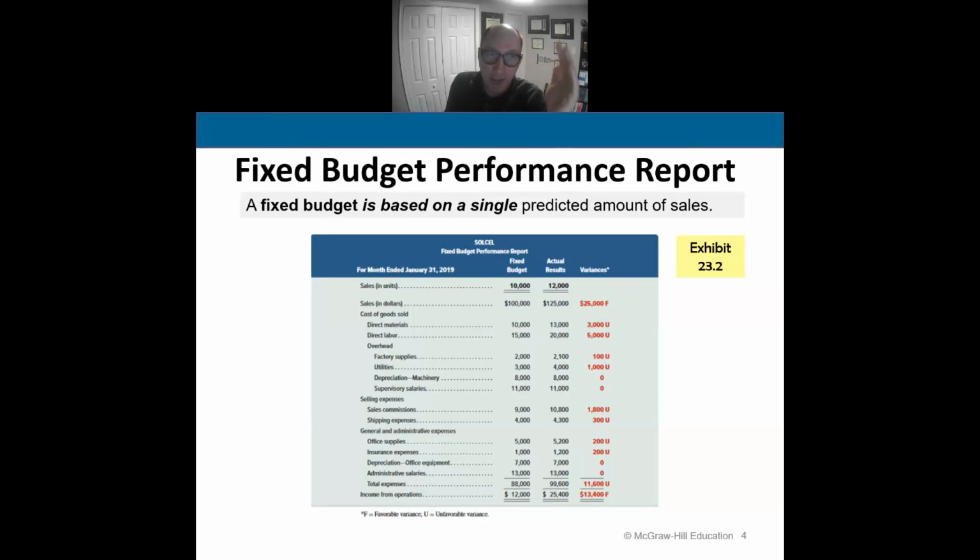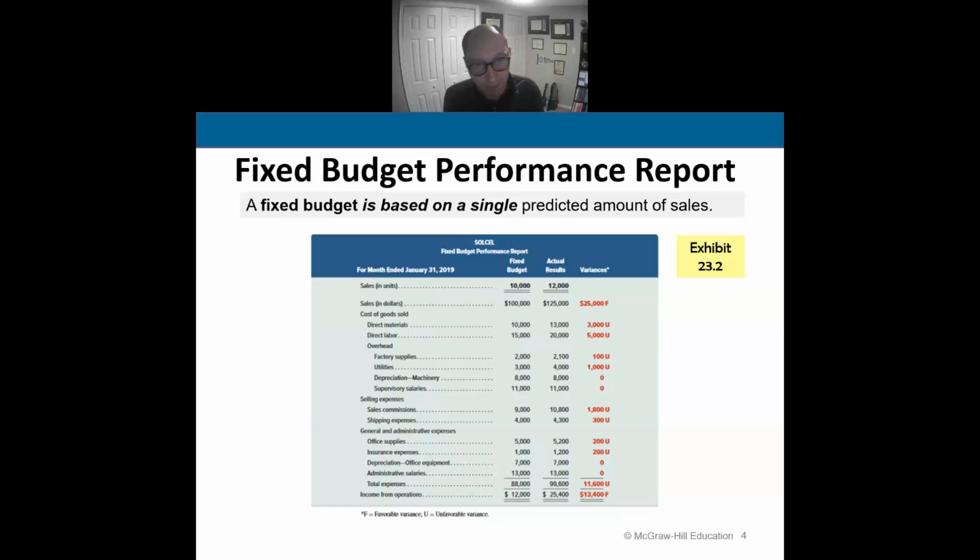Here is an example of a fixed budget. Remember, the fixed budget does not change, regardless of what actually happens. When a budget is fixed, the actual results are going to typically be different than the fixed amount.